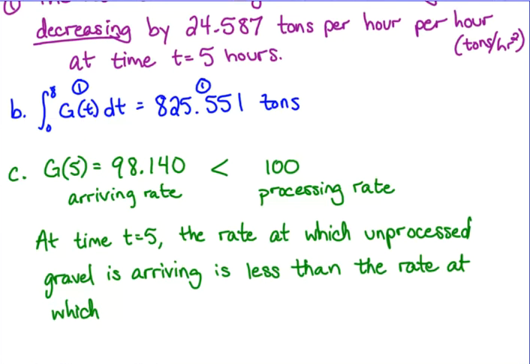Avoid words like "it", be specific. Well, let's just say the rate at which the gravel is being processed.